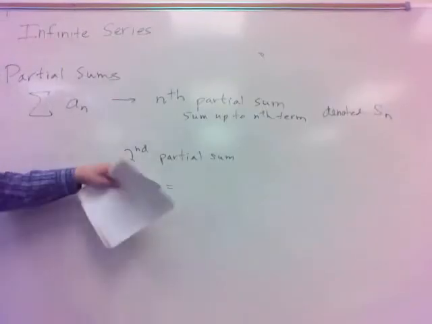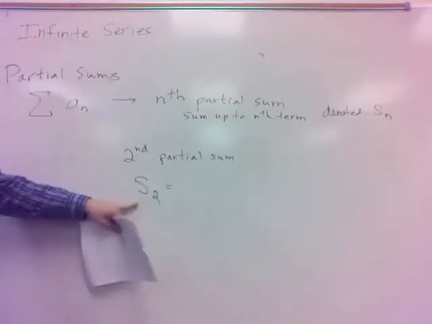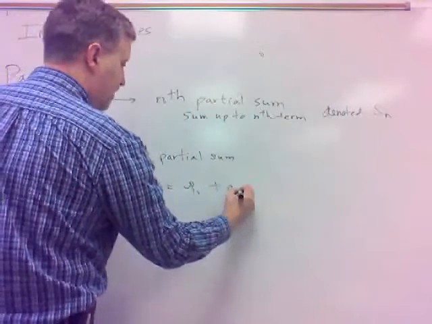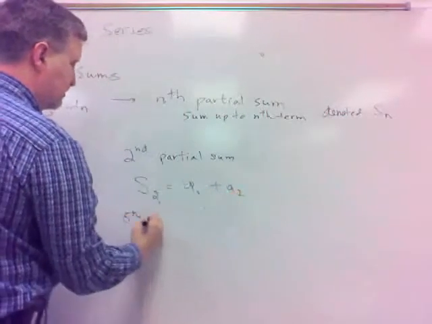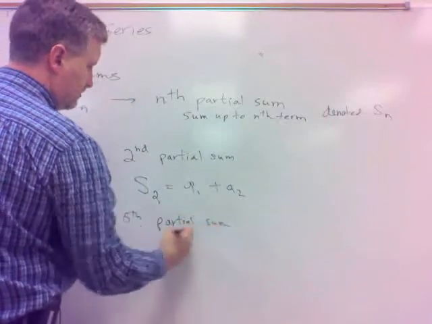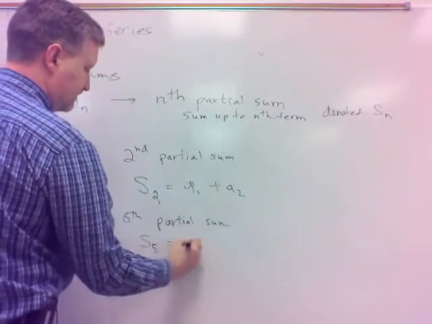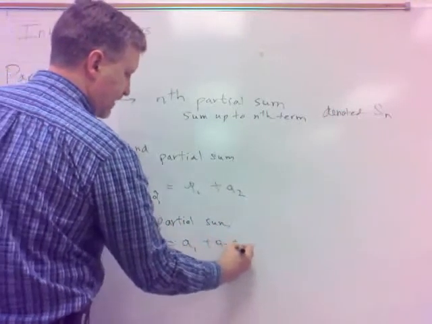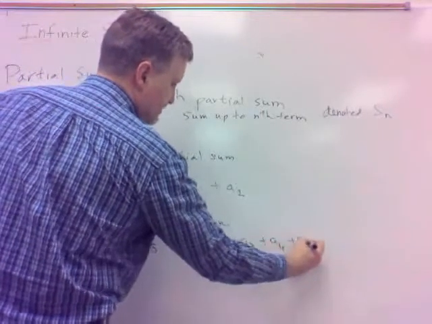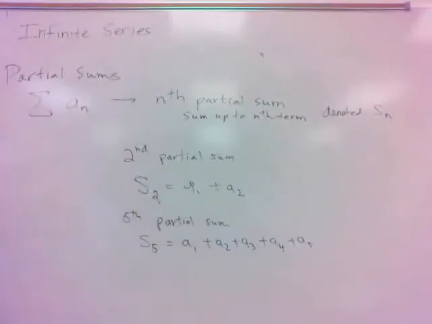Well, it would be the sum up to the second term, so it would be A1 plus A2, right? The fifth partial sum would be S sub 5. Well, that would be all the terms up to the fifth term. Okay? So that's the terminology, partial sum. It's just adding up a few of the terms, or the terms up to a certain point.